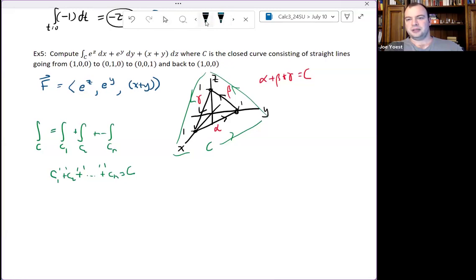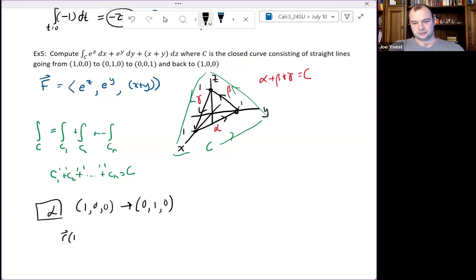Let me start with alpha. I want to go from (1, 0, 0) to (0, 1, 0). I want the x-coordinate to go down from 1 to 0, so that sounds like 1 minus t as t goes from 0 to 1.